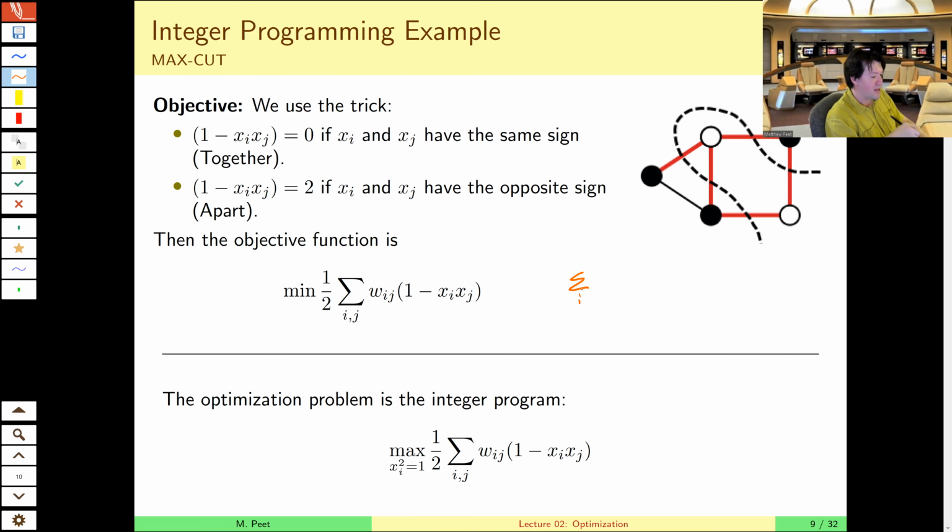Basically we want to add wij to the objective if xi does not equal xj. But this is like an if logic. How are we going to incorporate this if logic? There's no easy way to do that. You have to be clever.